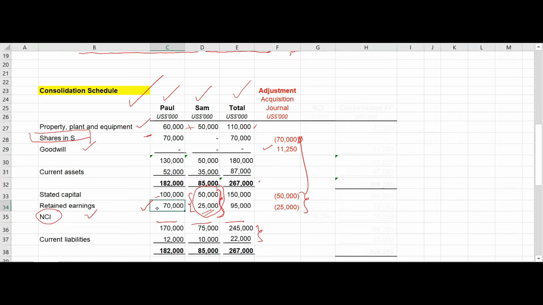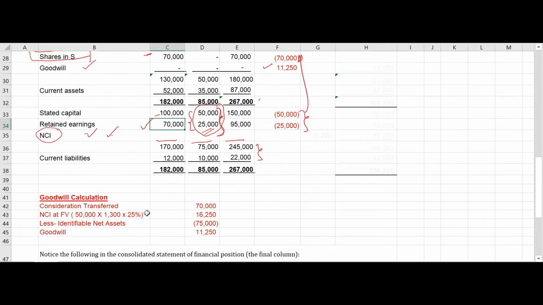Okay, so non-controlling interest legally owns a proportion of SAM company. So therefore, the non-controlling interest will form part of the group financial position. So we calculated that as 11,000. How much non-controlling interest?